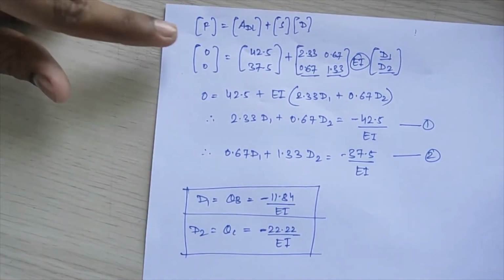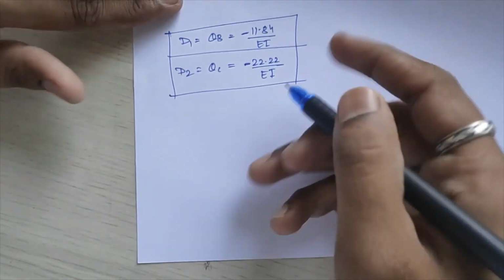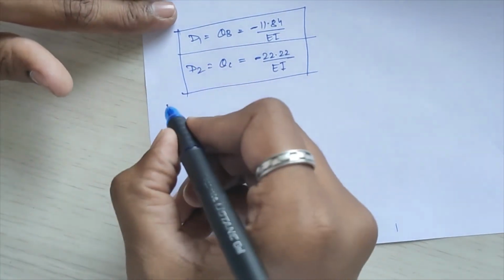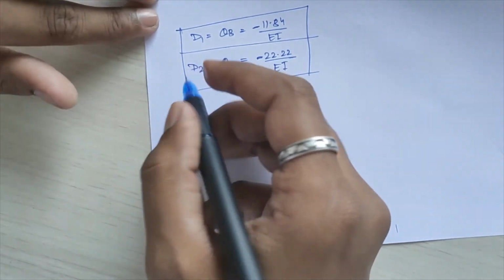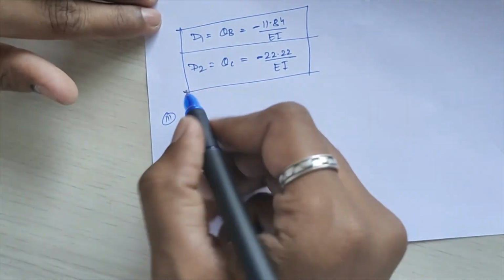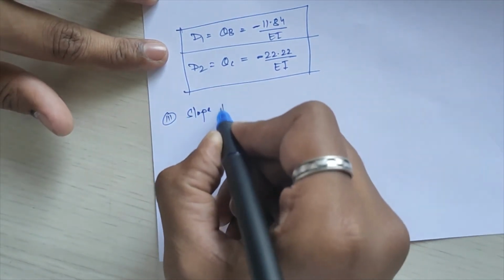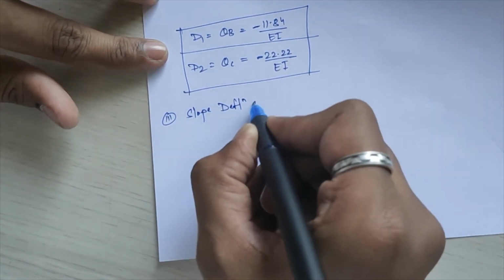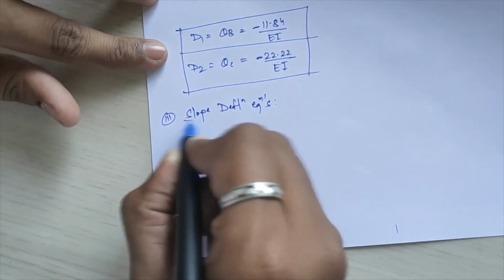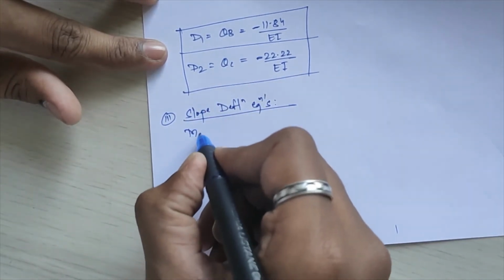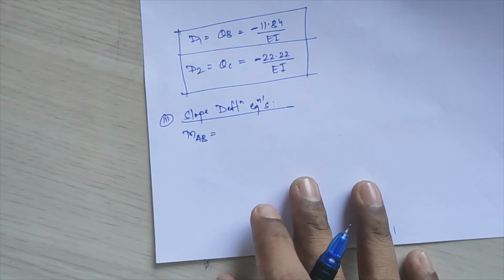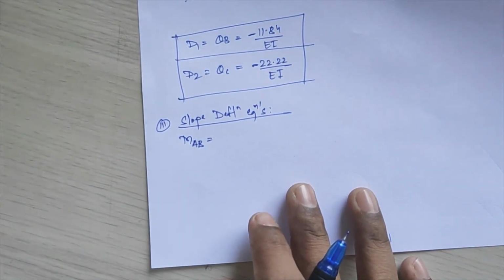Now you have to calculate the support moments from this. So for that, the next step will be step number 3, that is you have to use the slope deflection equations. For the first member, I'll see MAB is equal to, okay, the slope deflection equation.